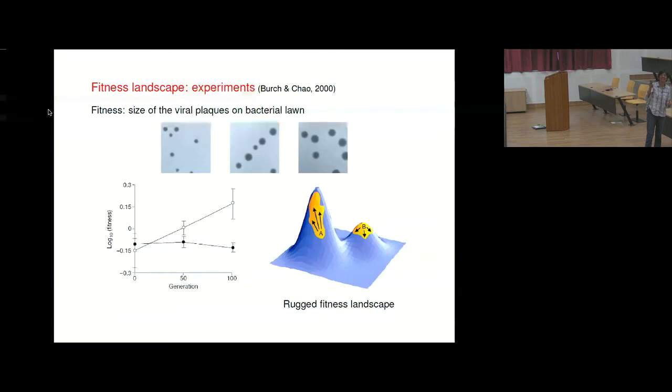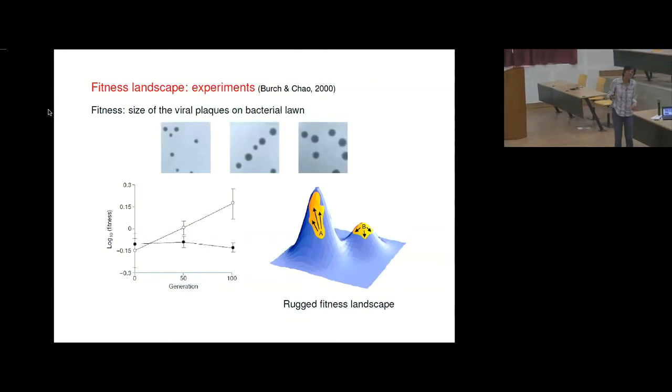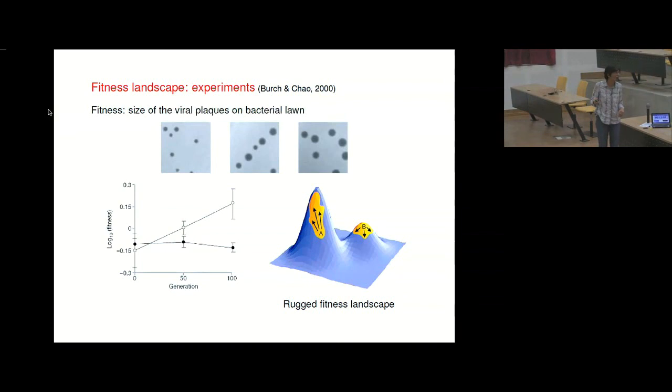And she saw in one case, fitness increased. In another case, it remained almost constant. It was decreasing a bit. So the interpretation is that this one is perhaps sitting already near the fitness peak. So this is the sort of structure of the topology of the fitness landscape you could infer by experiments.